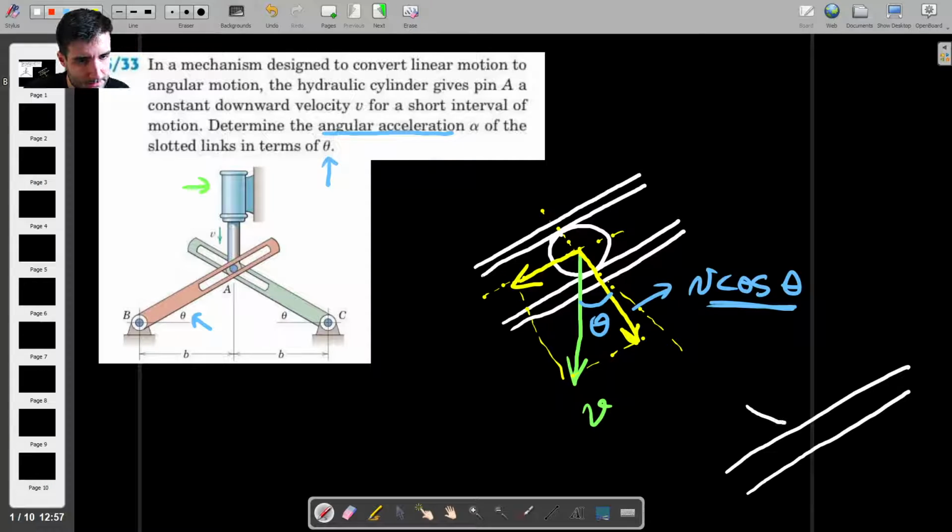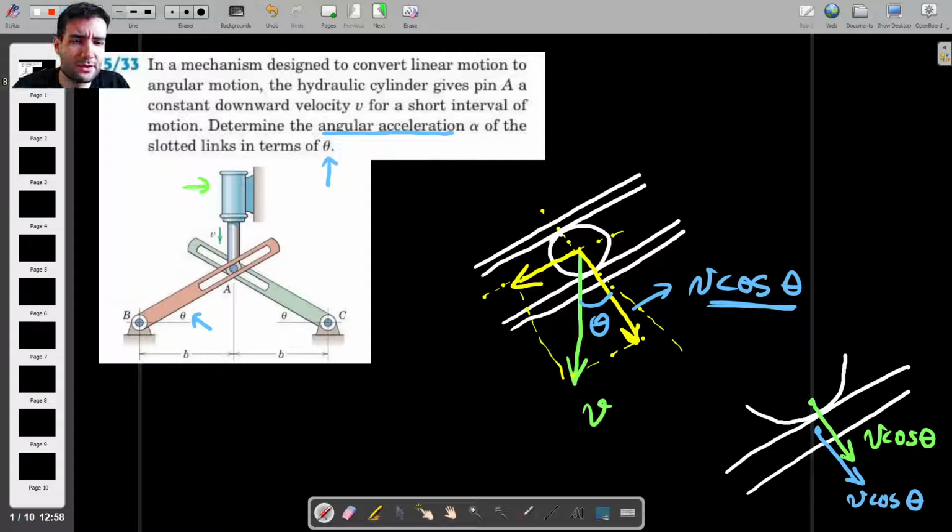So this is the pin, even more zoomed in, right? And we must have that the velocity of this point going downwards, going perpendicular to the length, like this, which we know as v cos theta, this has to be equal to the velocity of the link itself, right? And the velocity of the link also has to be v cosine theta.